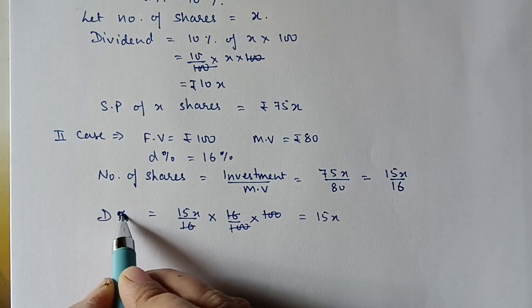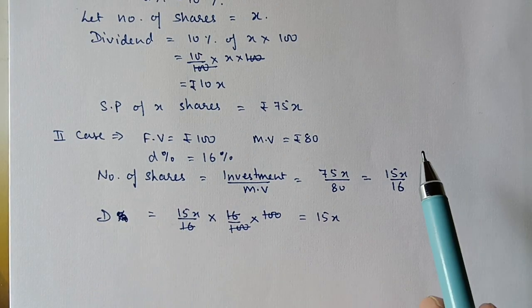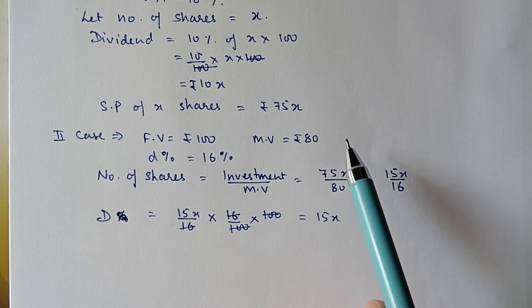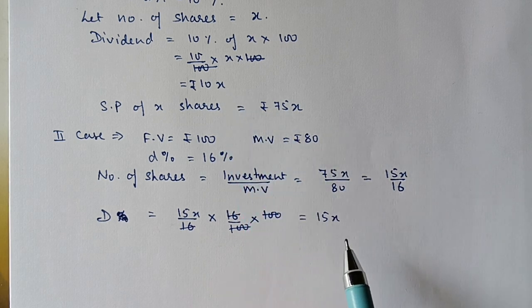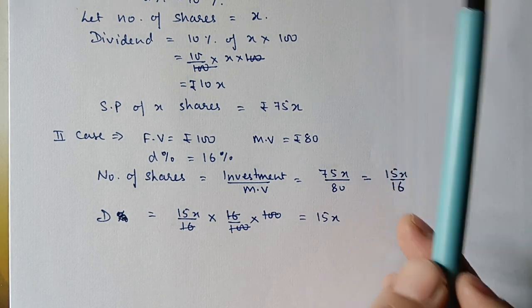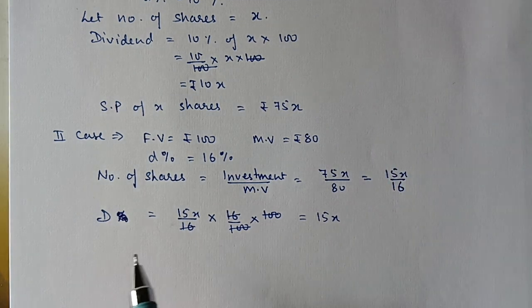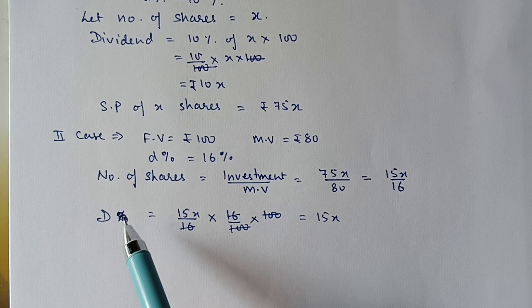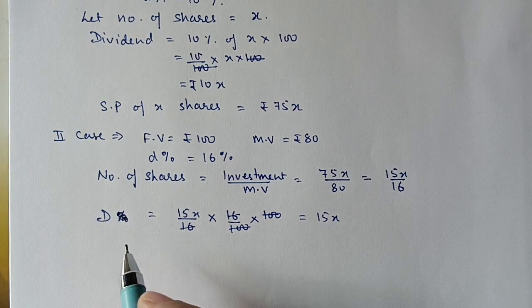Sorry, this is dividend, not the dividend percentage. In the first case dividend we got 10x, and in the second case dividend we got 15x, and the increase in his income is 2000 rupees, means the difference between first and second dividend is 2000 rupees.